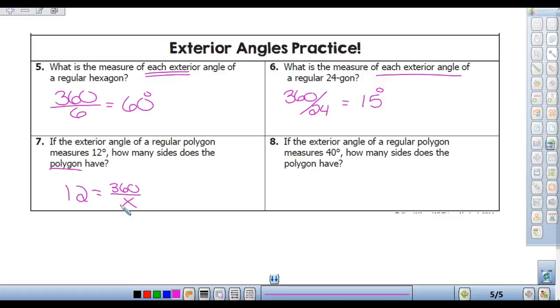Yeah, the way we would solve this is we have to get rid of that x on the bottom. So we multiply both sides by x. We have 12x equals 360. So now x equals 30 degrees? No, 30 sides. So this is a 30-gon.